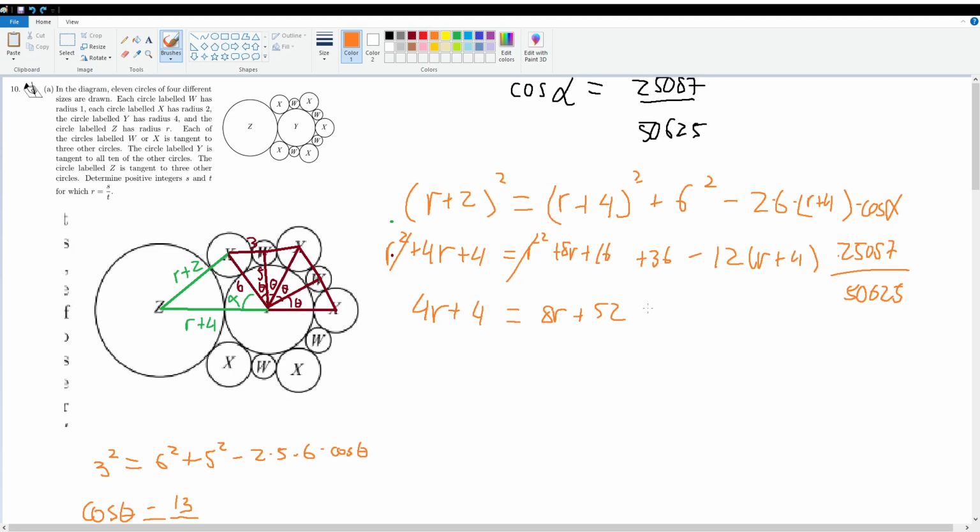Minus, actually that's wrong. No, yeah, okay. And then minus, I'll try and write this number out here, 348 times r plus 4 over 50625.